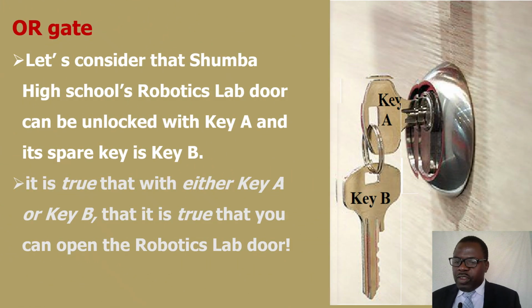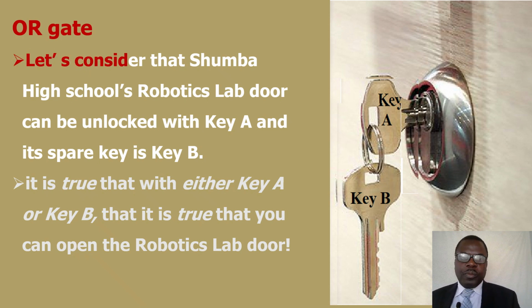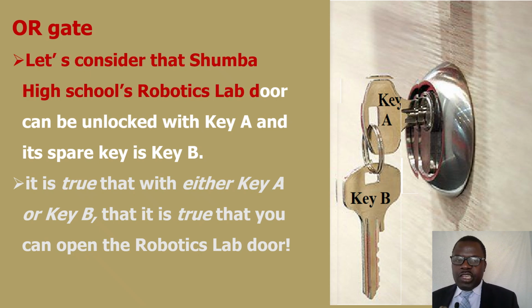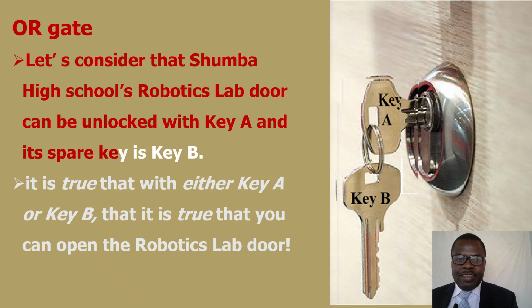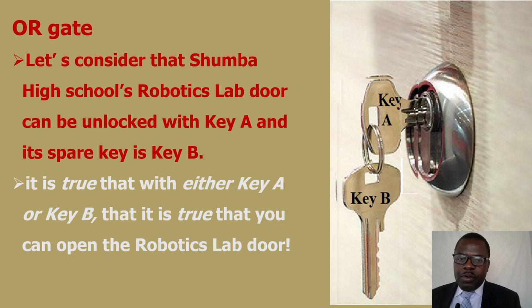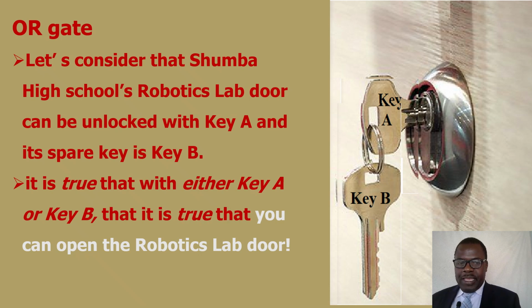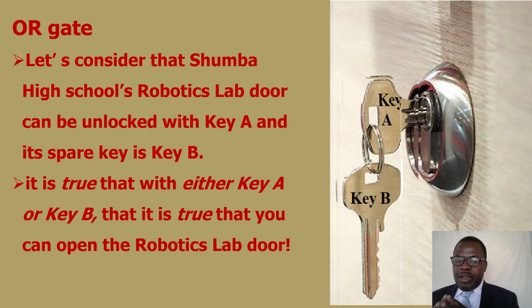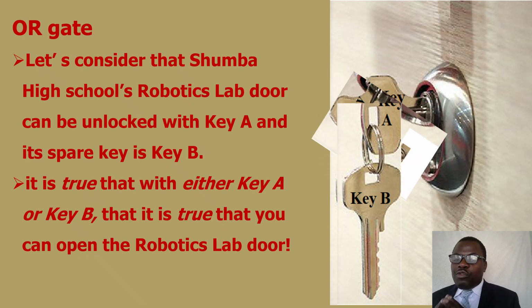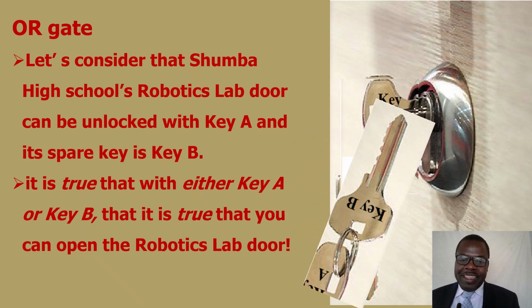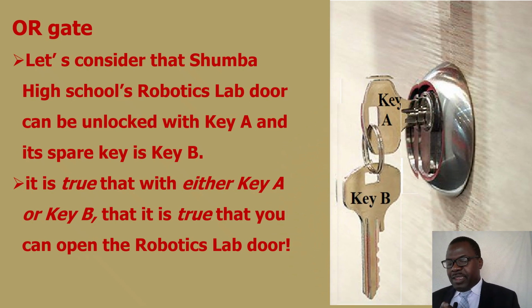Then we can also use our local example of Shumba School to demonstrate a logic gate called an OR gate. The laboratory door can be unlocked with key A and its spare key B. It is true that with either key A or key B, you can open the laboratory door.